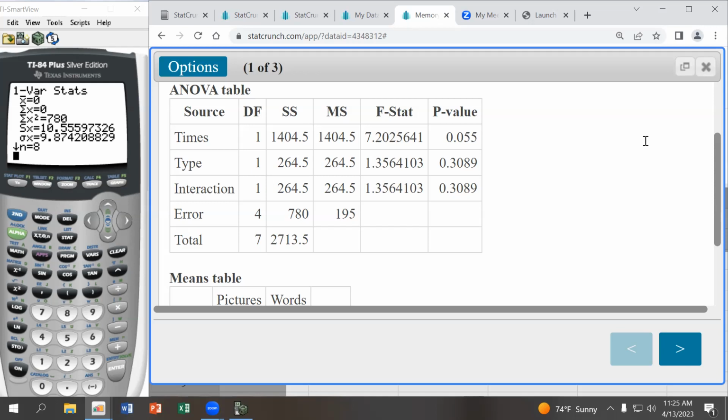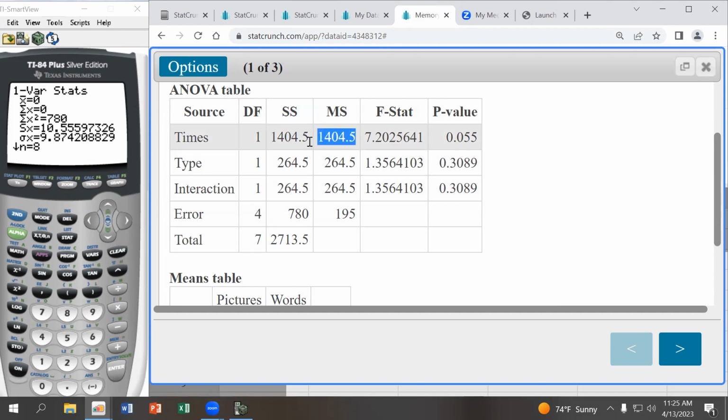You can look at your notes. The F ratio, MS between over MS within. Now, we have a whole bunch of terms, 3 different MS values. So we have to do it individually.